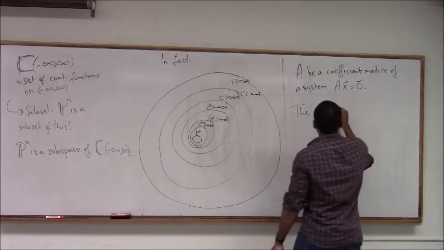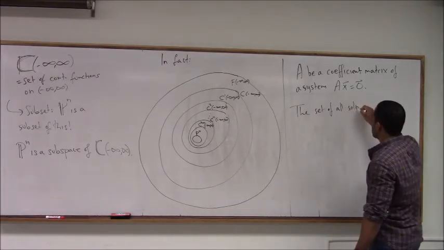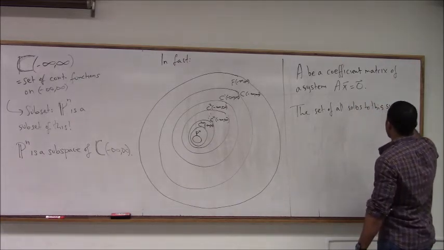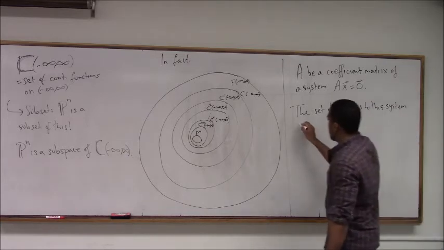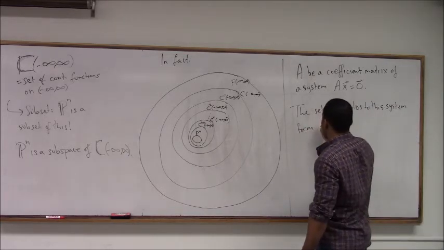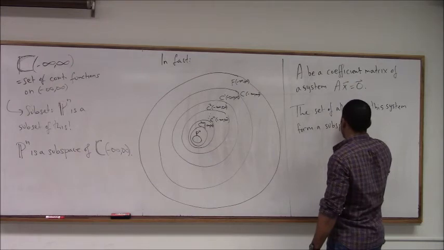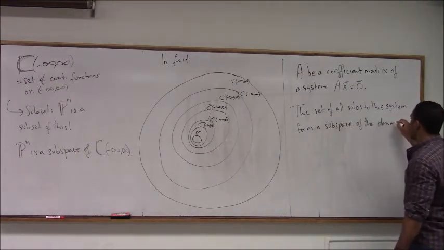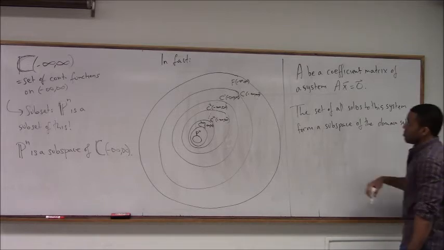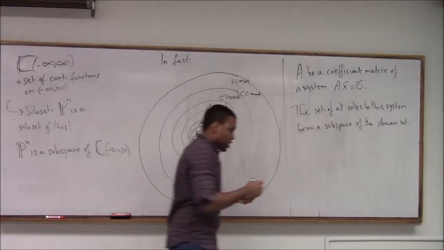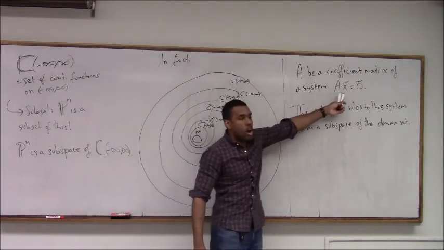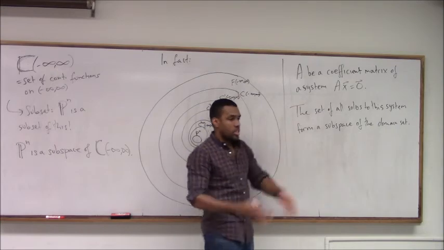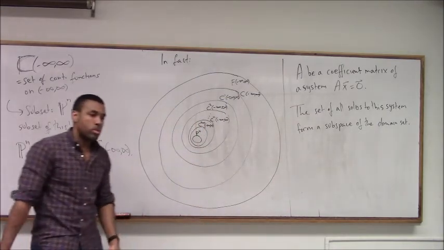The set of all solutions to this system forms a subspace of the domain set. Right? So usually you'll think of these vectors as living maybe in Rn, right? So if I take all the vectors in Rn that solve that equation, take the set of all those things, I would form a subspace.